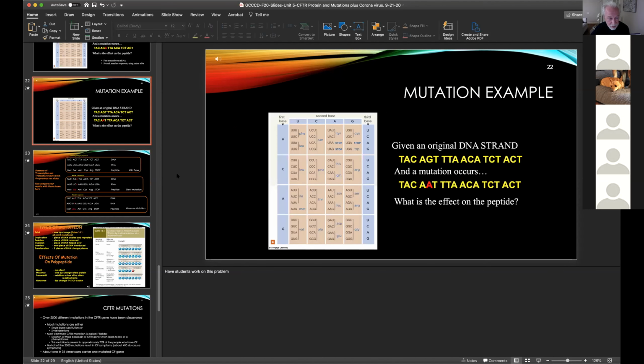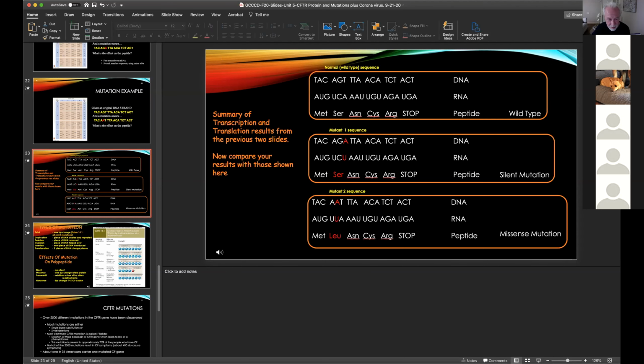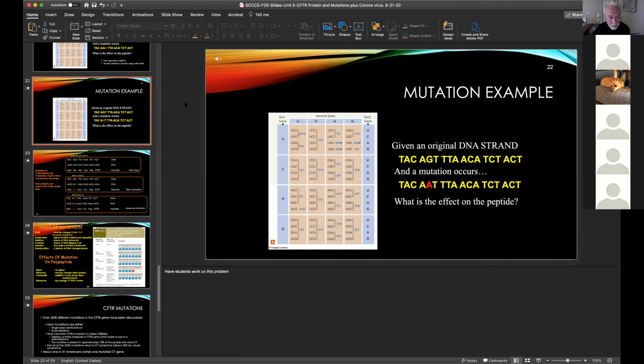Again, if we go to the codon table, the first base is U, the second base is U, and the third base is A, which is leucine.